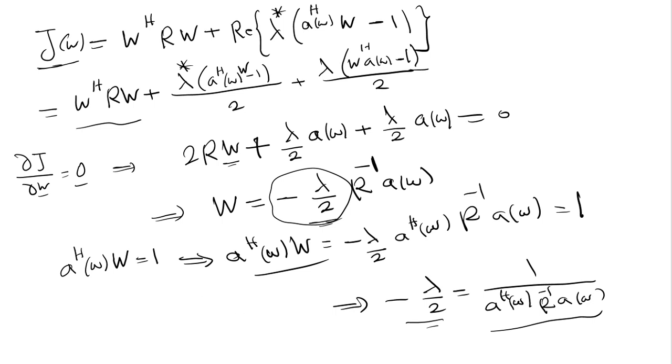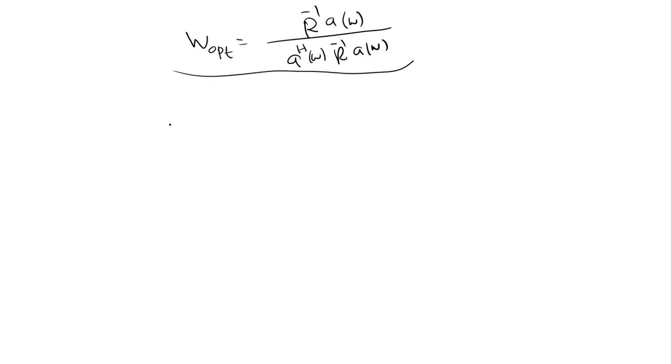Finally, the optimum weight vector in Capon method equals R inverse A over A Hermitian R inverse A. And we can compute the output power of the filter and suggest a pseudo spectrum.